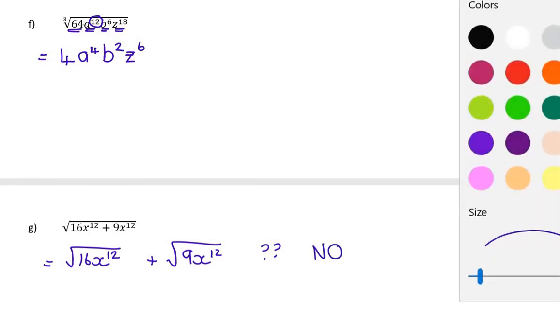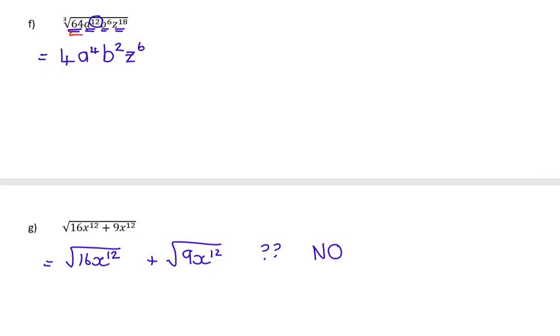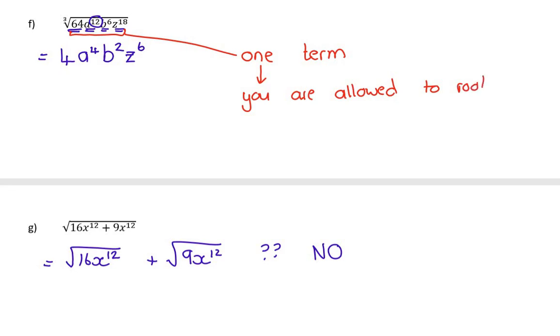The difference here is, do you notice that this in F is all one term? And when something is one term under the root sign, you are allowed to root each factor individually, but only when it is one term. So when there's one term under the root sign, you're allowed to root each factor individually.